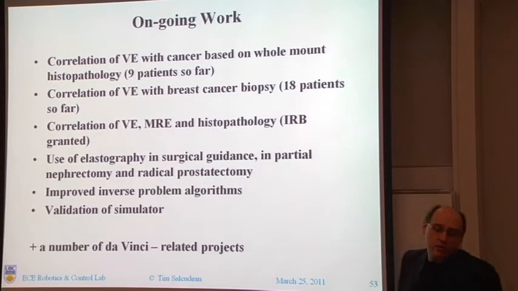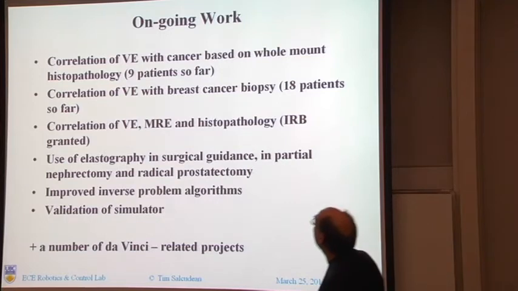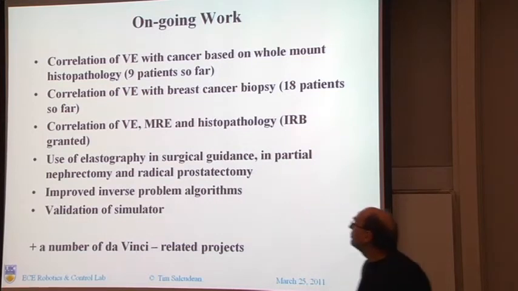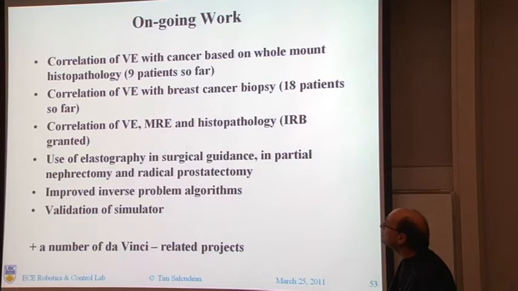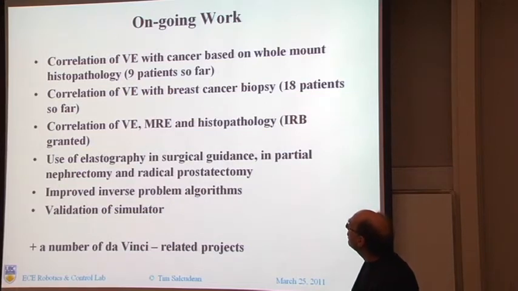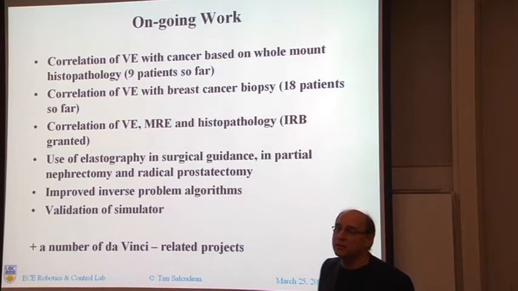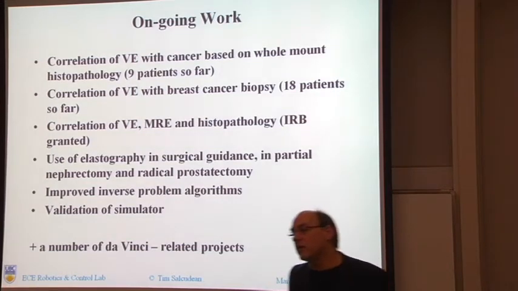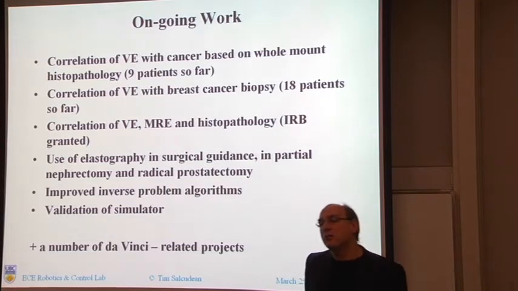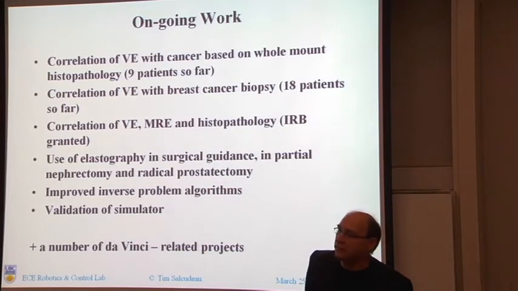Ongoing work is the correlation of our imaging method with cancer based on whole mount histopathology. We have 9 patients so far. We have almost 20 patients with elastography of breast cancer, and in fact, in every single case of targeted biopsy, we have correctly guessed when the biopsy should have taken place or shouldn't have taken place.